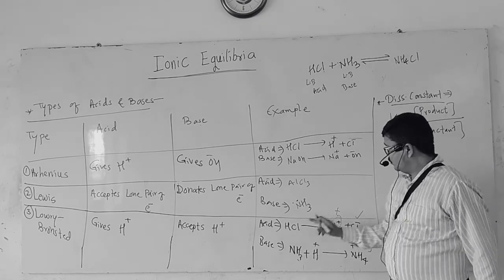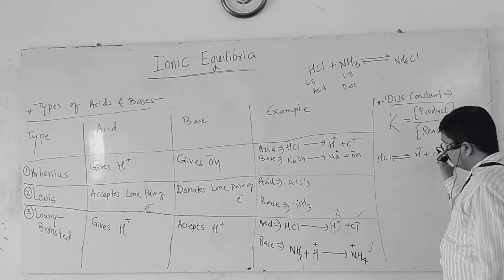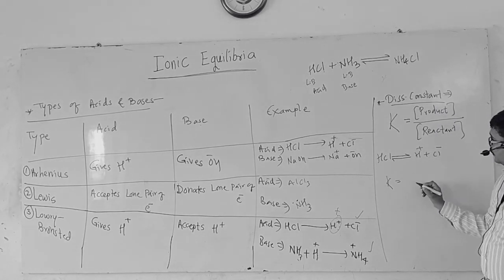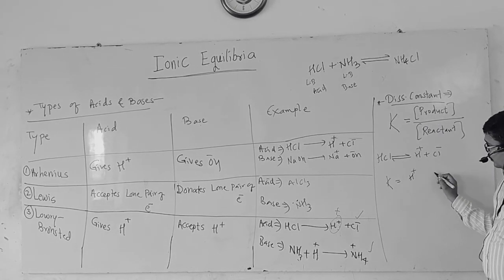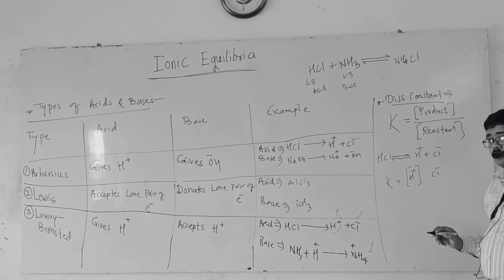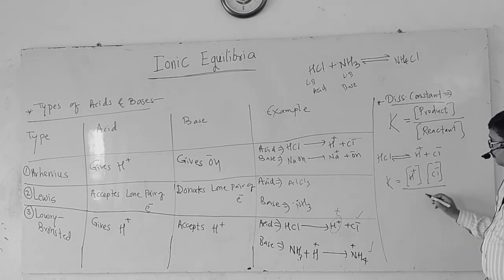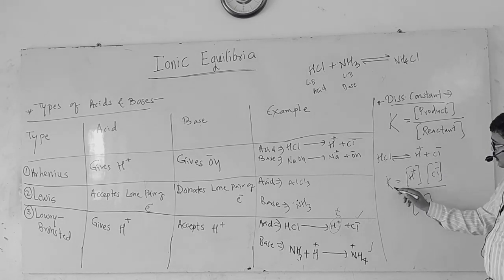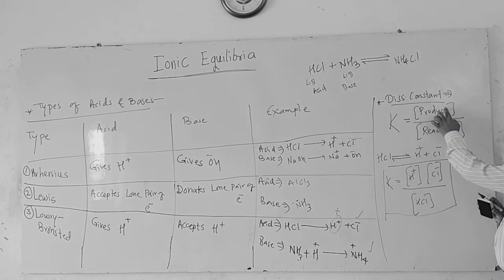Consider this reaction: HCl gives H plus plus Cl minus. So K for this reaction will be concentration of product. What is product here? H plus and Cl minus. Concentration can be represented by square brackets. So concentration of H plus, concentration of Cl minus upon concentration of reactant. Reactant is HCl. So this is the formula, the equation of dissociation constant.